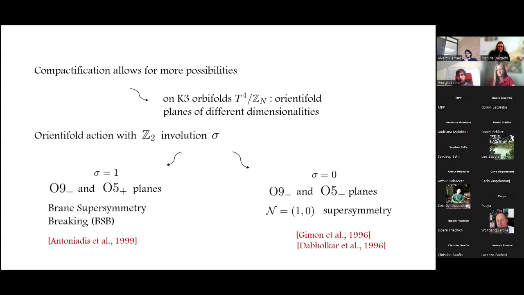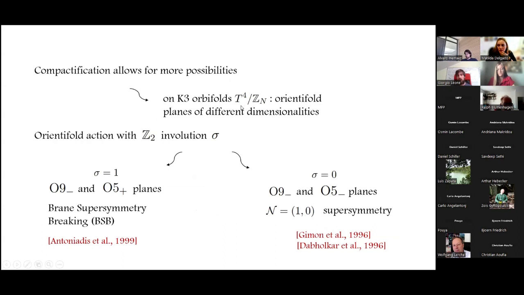For instance, in the following, we will be focusing on Orientifolds obtained from cyclic orbifolds of T4, of type T4 over Zn, in which the standard worldsheet parity operator is dressed with the point group defining the orbifold, and this identifies additional Orientifold planes which fill the whole non-compact spacetime but are localized in the internal manifold.